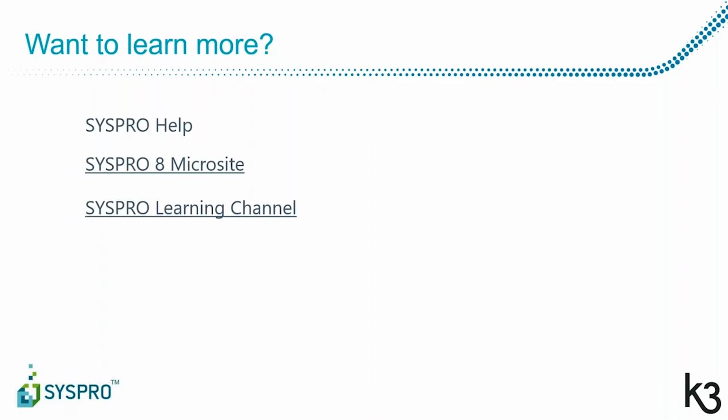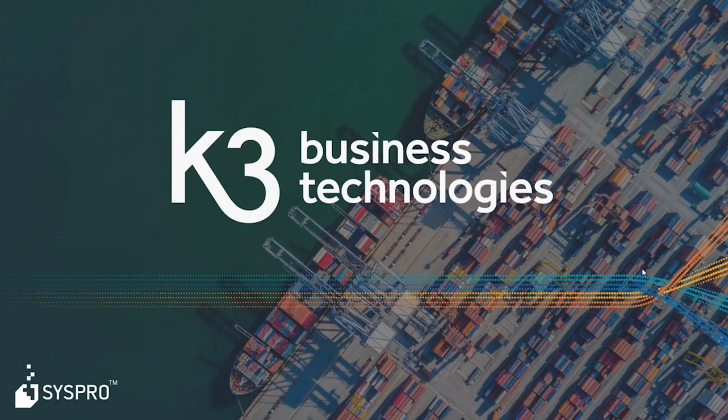The 8 microsite is a rich resource where you can go and see what's coming and what's already there. You can access the community preview to engage with SYSPRO if you want to have a look at this lovely bicycle company that we have set up. And the SYSPRO Learning channel is available until the end of May 2020 for you to access all the content, and you're welcome to do so as well.